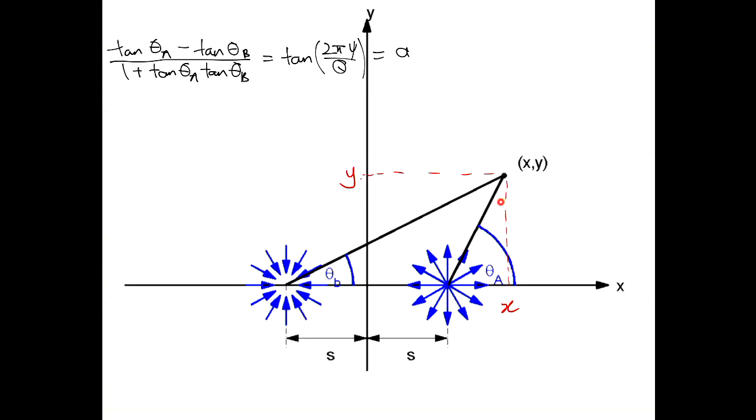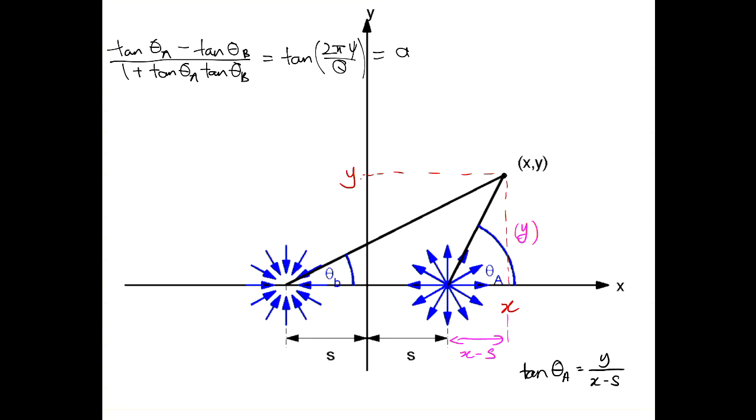It's going to be y over x minus s. Very good. So this one here is y. I hope you all can see that. So I know that tangent theta A is just y over x minus s.